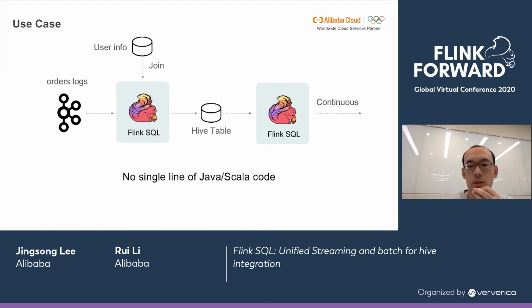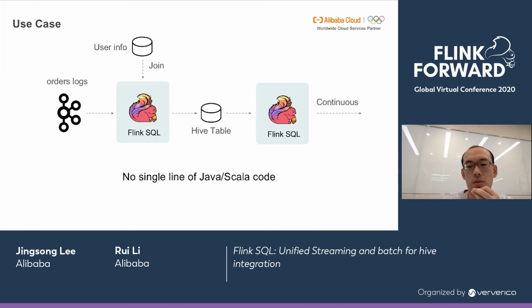Next, the joining results can be written into a Hive warehouse in a near real-time fashion. And furthermore, you can have another Flink job to run some real-time analysis on this warehouse to produce results with very short latency. And of course, you can also have offline jobs to run batch analysis on the Hive warehouse with Flink too.